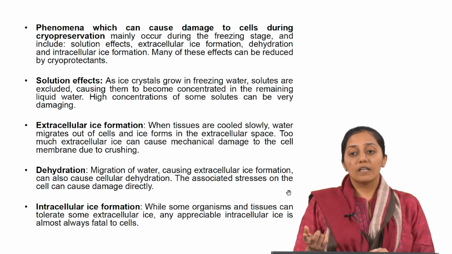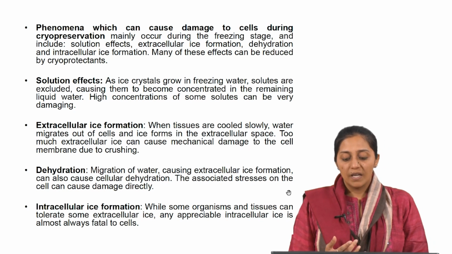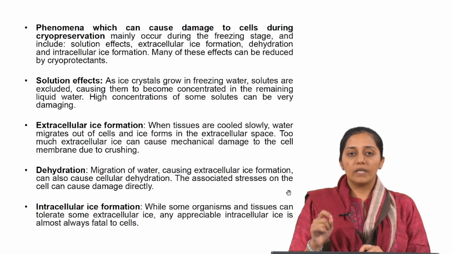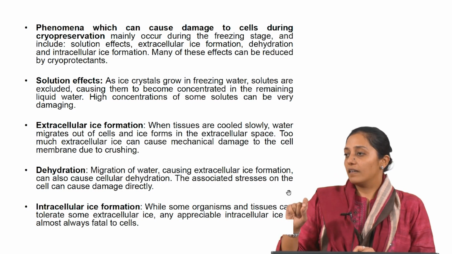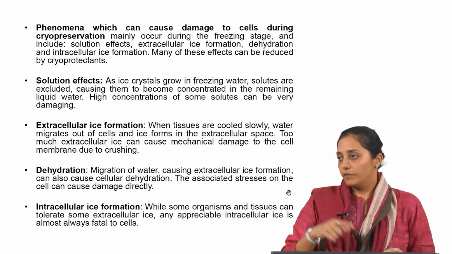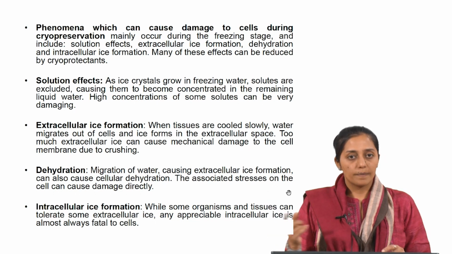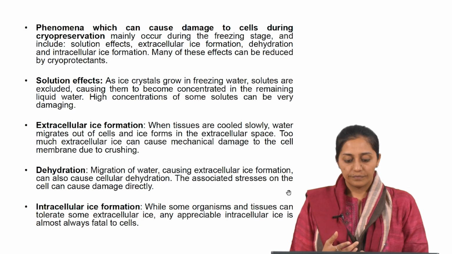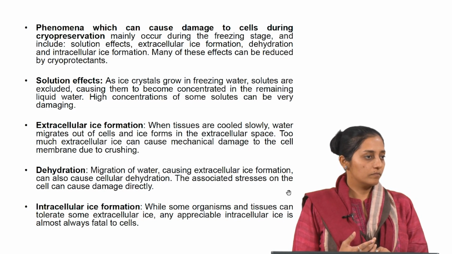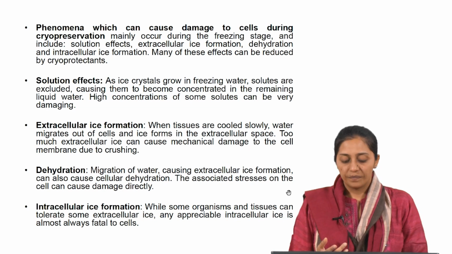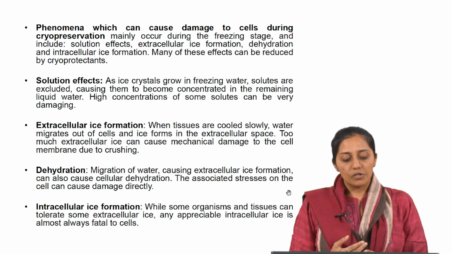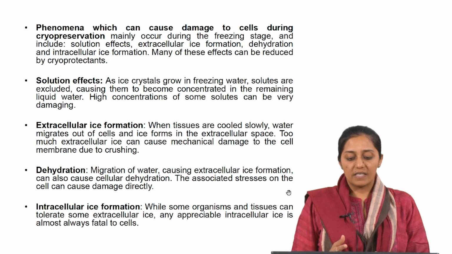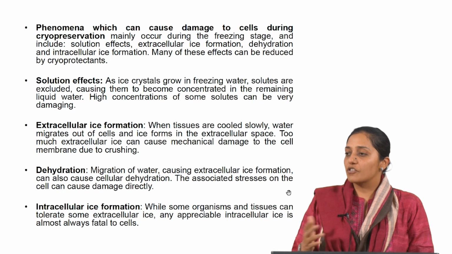Now, extracellular ice formation, how is it happening? When tissues are cooled slowly, water migrates out of the cell. We know this because of osmosis. Now, as the water migrates, it will cause dehydration. And the ice forms in the extracellular space.